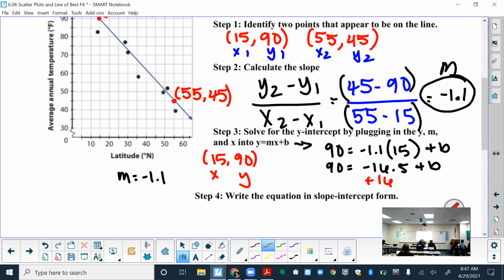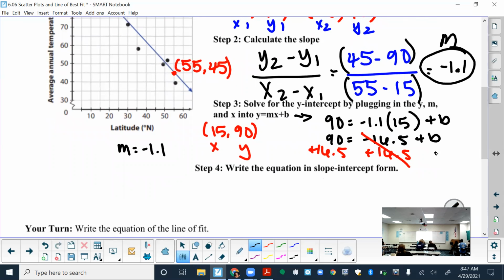So if I add 16.5 to both sides, that's how I get rid of it on the right side, which gets the b by itself. And then b equals 90 plus 16.5, which is 106.5.